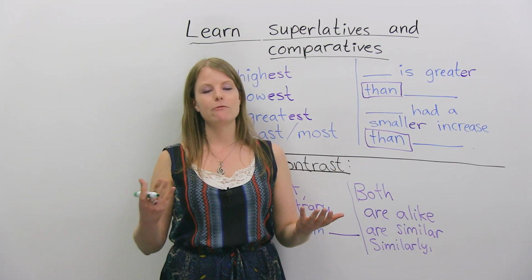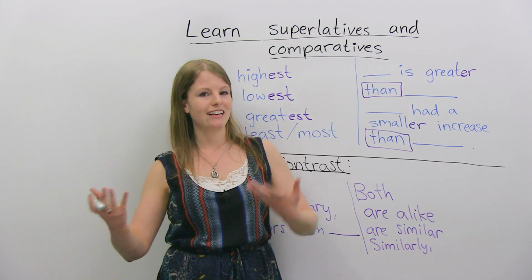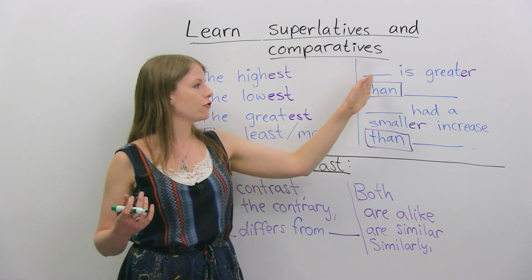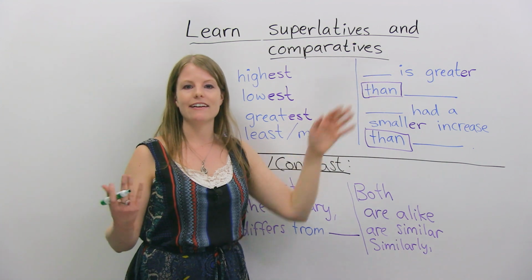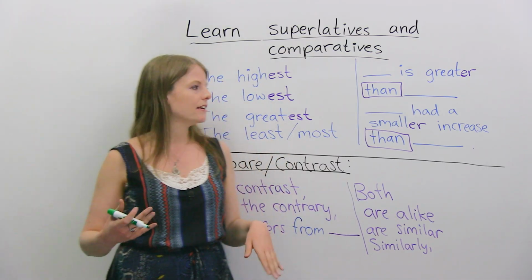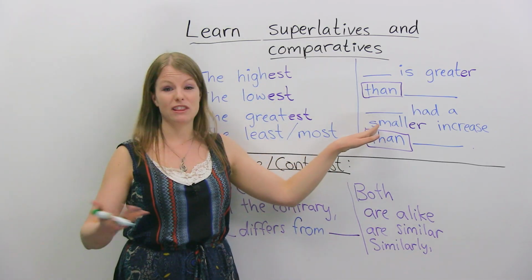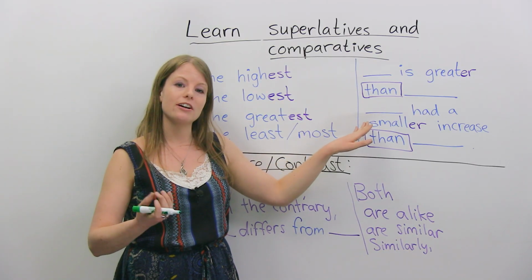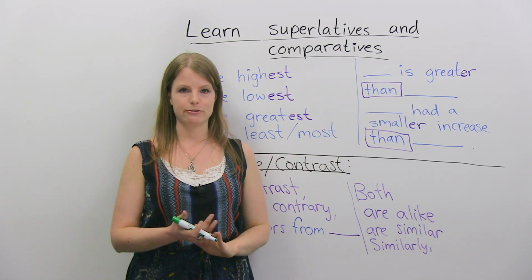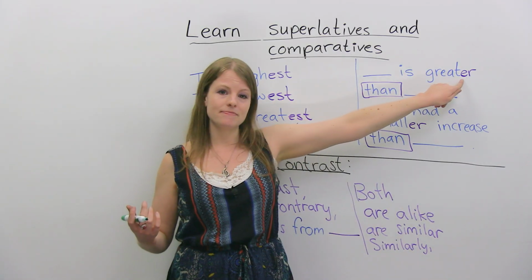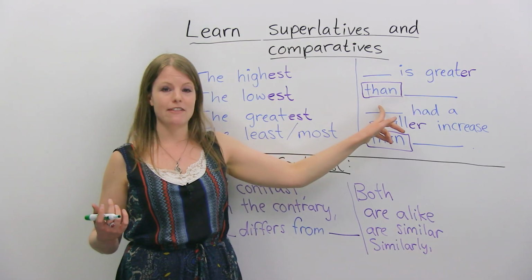For example, if we wanted to compare Montreal and Toronto, we could say Toronto has a higher population than Montreal. With housing prices, Montreal had a smaller increase than Toronto. The key here is you have er, and you also have than.